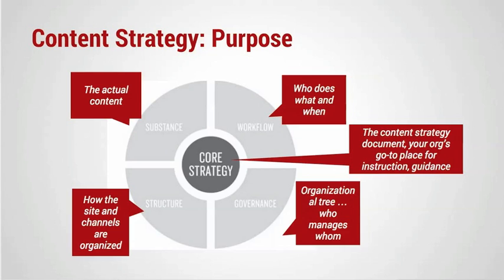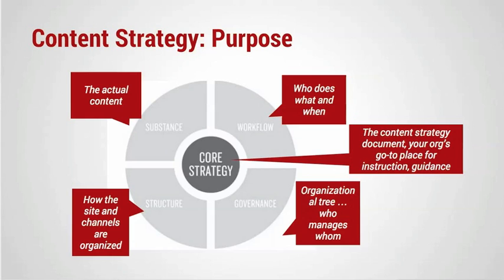And then this all centers around the core strategy, and the core strategy is explained in your strategy document. So the content strategy document explains what the strategy is for everyone, and that guides the substance and the structure and the workflow and the governance. So the core strategy, that document, is what everyone rallies around and organizes their work around.